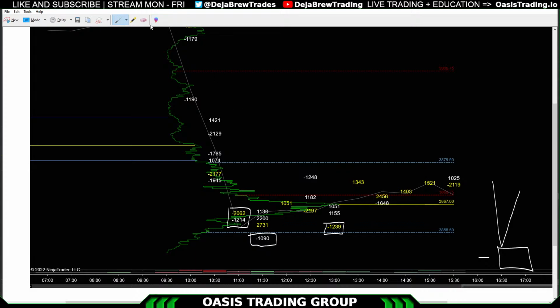Now, you can argue that these contracts right here actually received a decent amount of profit. Okay, because you can see there is a lot of value below those contracts. Same thing with these contracts. There is a decent amount of value below those contracts. These contracts, not so much.